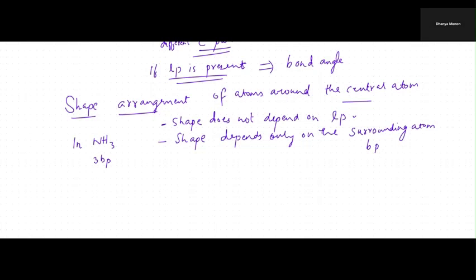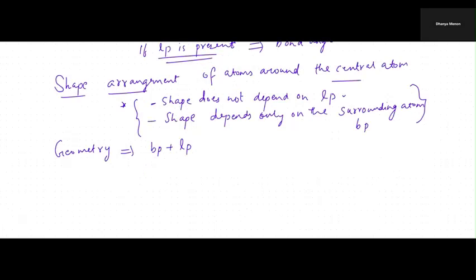Okay, so these are 2 key points about the shape. And what about geometry? Geometry depends upon both bond pair plus lone pair. It is how the bond pair and lone pair are arranged. So students, geometry depends upon both bond pair and lone pair, but shape depends only upon the surrounding atoms, that is nothing but bond pairs. It does not depend upon the lone pair.